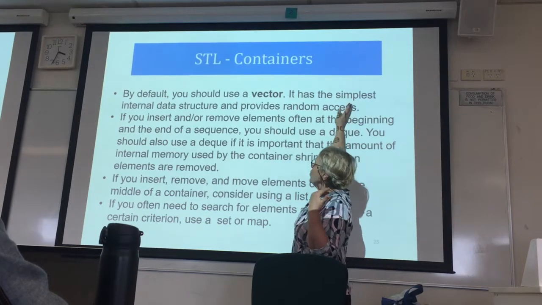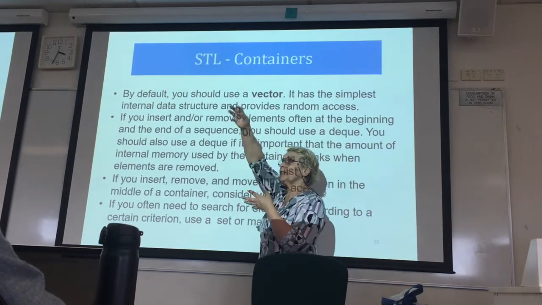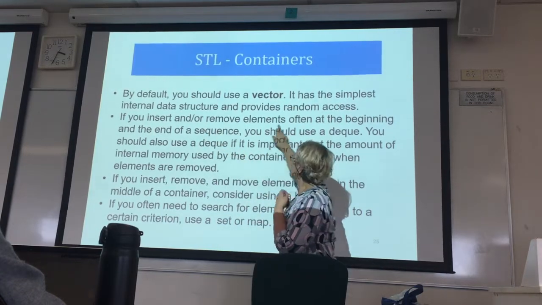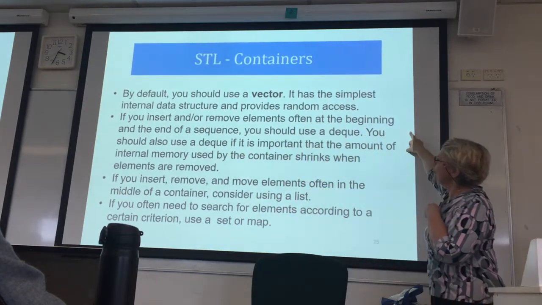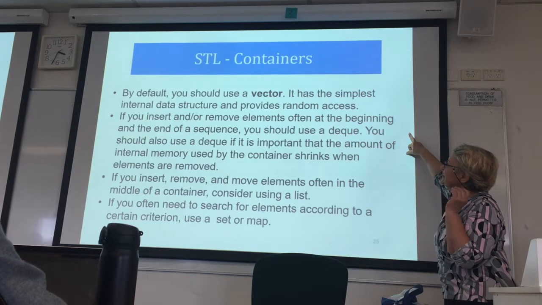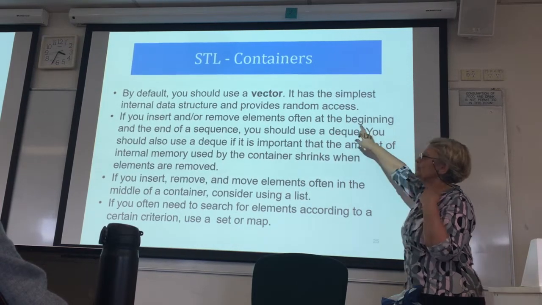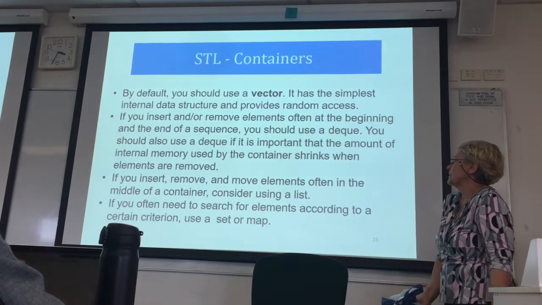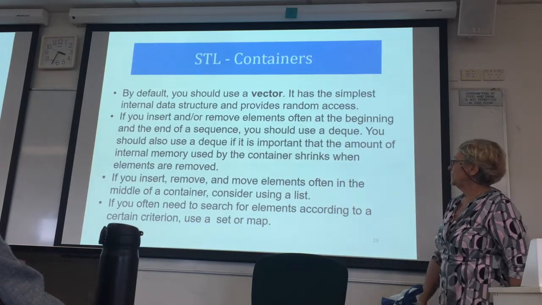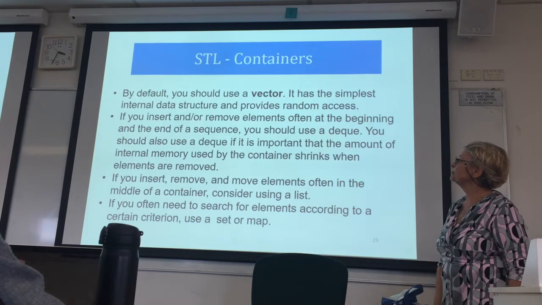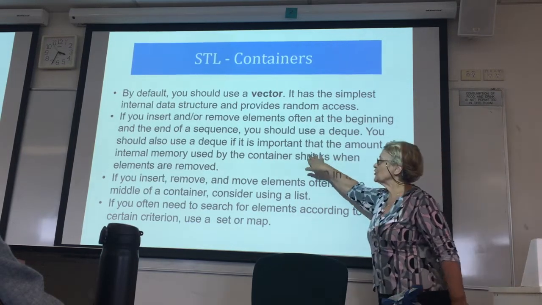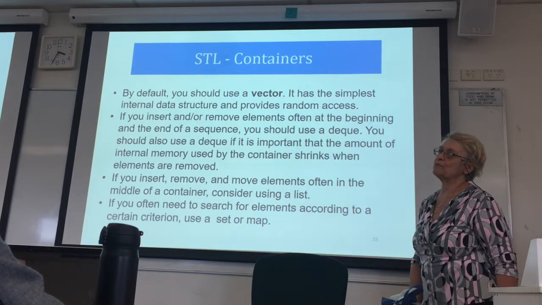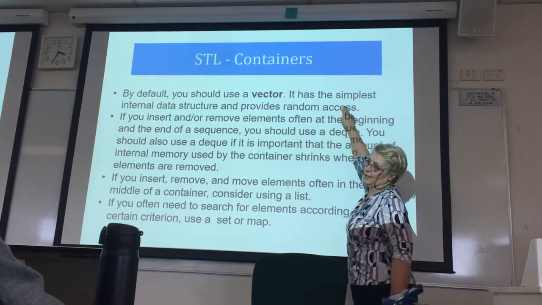But if you remove or insert a lot at the front, the vector is not good. To insert and remove elements at the beginning and the end, you should use a double-ended queue. So if you work with the ends of the sequence, this is where the double-ended queue is good. And it has the advantage that it shrinks when elements are removed, which doesn't happen for the vector.